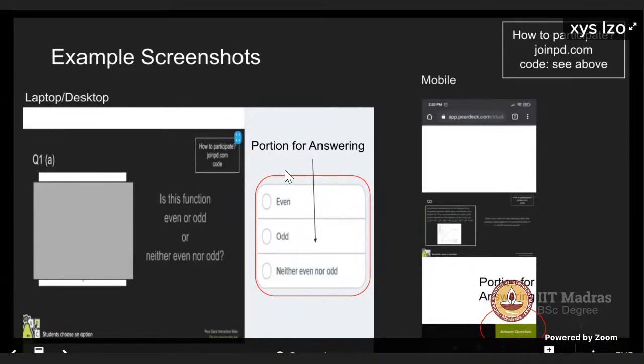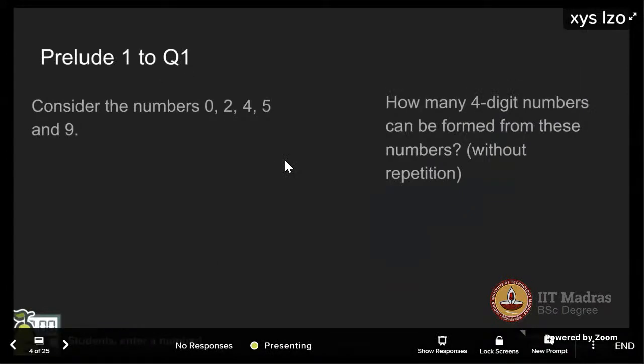Okay, so let's move to our first question. Consider the numbers. You have only these 5 numbers: 0, 2, 4, 5, and 9. And you have to make 4-digit numbers with repetition not allowed. So how many 4-digit numbers can be made from these numbers without repetition?